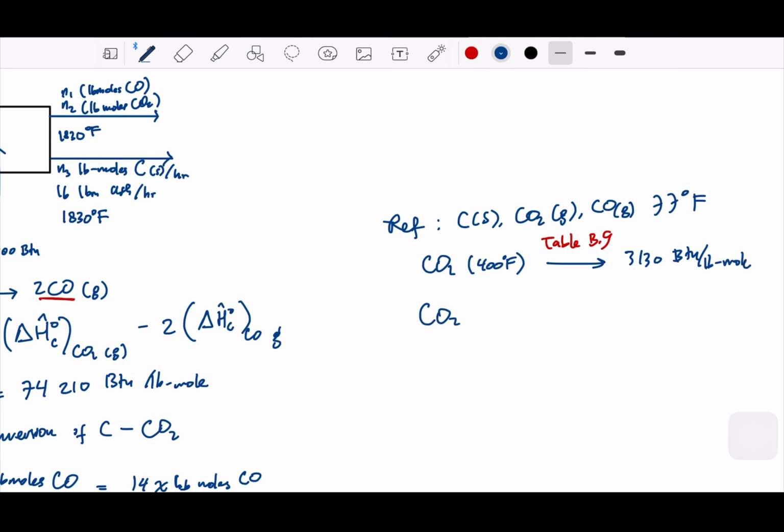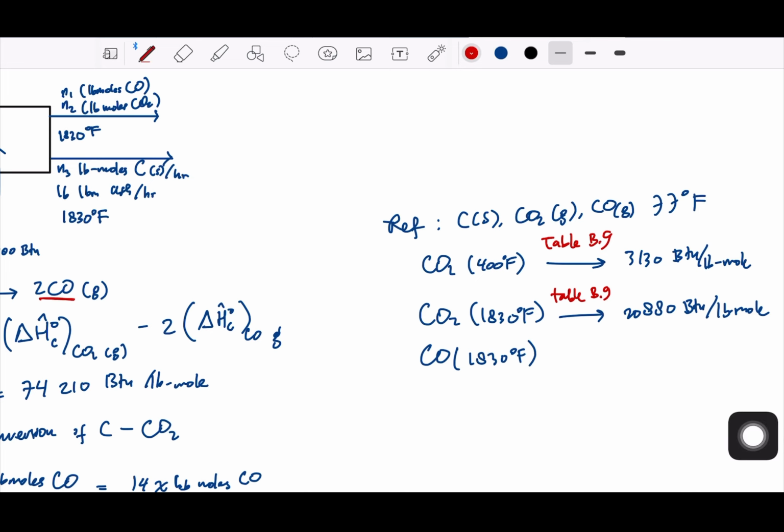And then CO2 is raised up to 1830, this is also the same, table B9. You can check on the table by yourself, okay? Check whether this is correct or not. And again, the CO we could check through the same table B9.